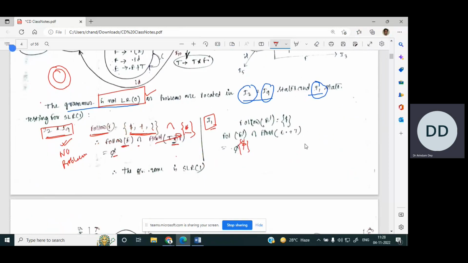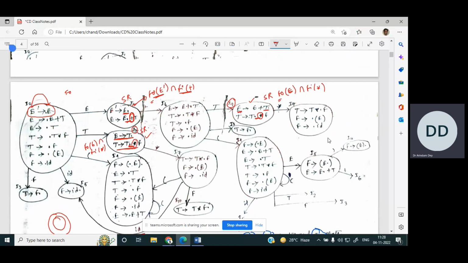So here I am writing the intersection. It is the plus operator, so again it is fine. So here also no problem, right? So we found that there were three states in the state transition diagram where the problems were located. So we decided the grammar was not LR0.